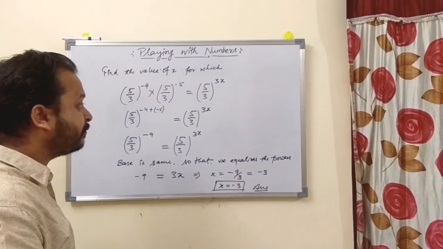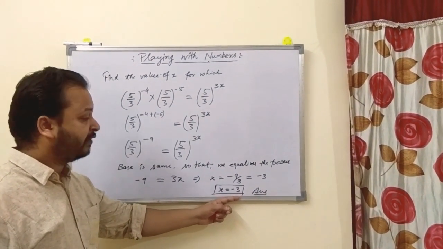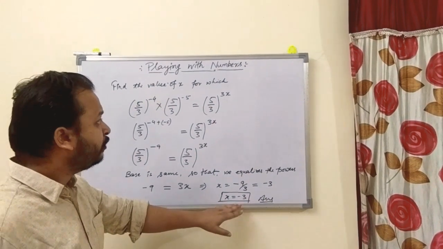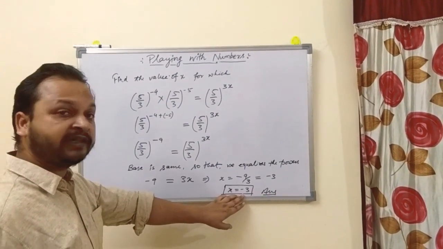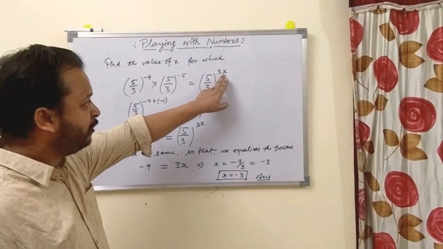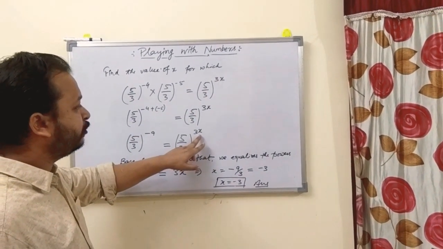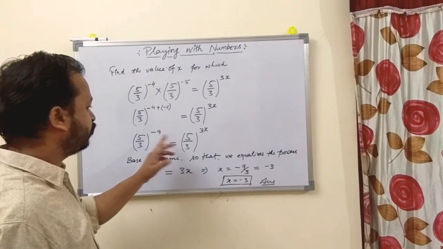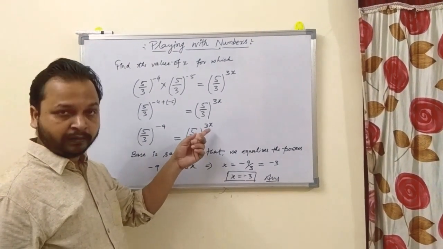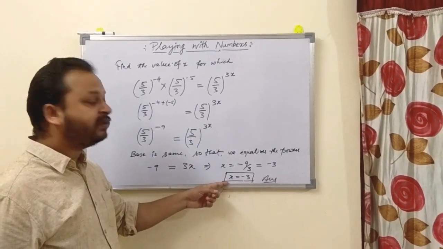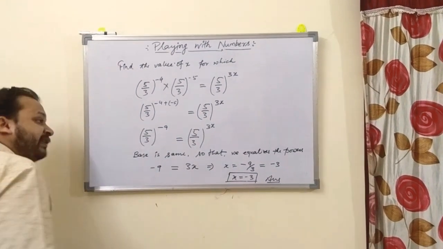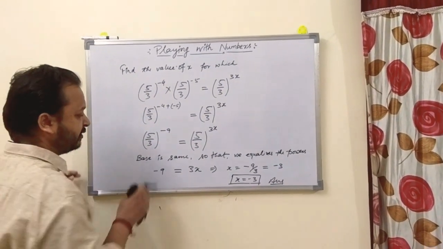This is the answer, right? You can put the value if you want to check the answer. Put the value of x here. You will get 3 into -3, that is -9. So in both sides the powers are also same, means we have done right. So by this method you can check the answers.